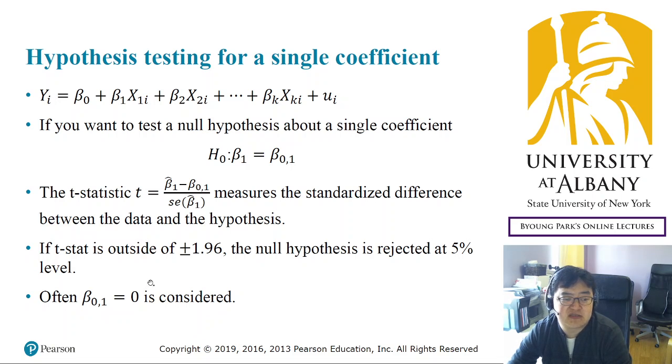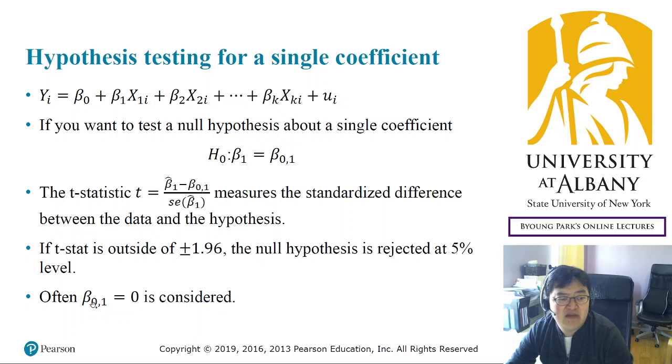Maybe the starting point of the analysis is to see whether there is any significant effect or not. If you cannot reject this, it means student-to-teacher ratio has no effect.